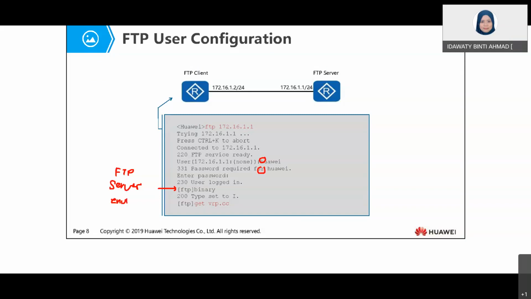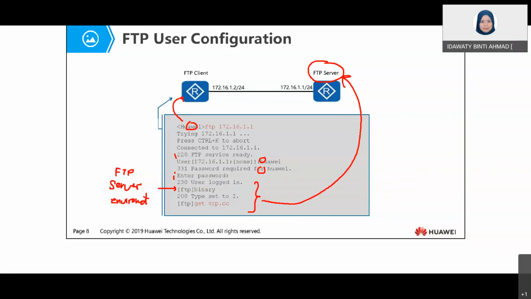So you are now in the FTP server. So you are not in this session, you are not here, okay. You are now in this environment here, the server environment.